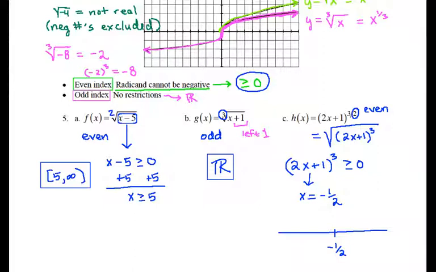If x is to the left of negative 1/2, like for example negative 1, I can see that 2x plus 1 cubed is going to be negative, whereas if x is to the right of negative 1/2, say for example 0, then 2x plus 1 cubed is going to be positive, and therefore, including only the part of this interval that's greater than or equal to 0, which is the same thing as positive, gives us this interval here from negative 1/2 to positive infinity, and our domain is exactly that, from negative 1/2 to infinity.